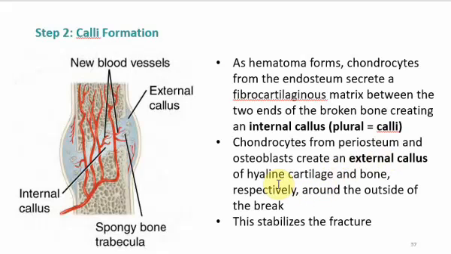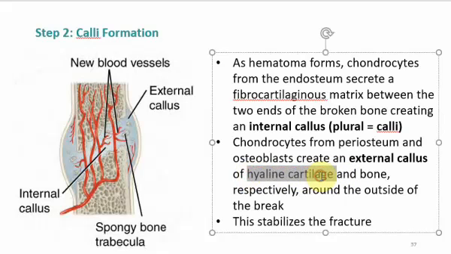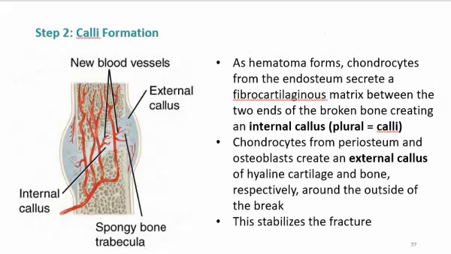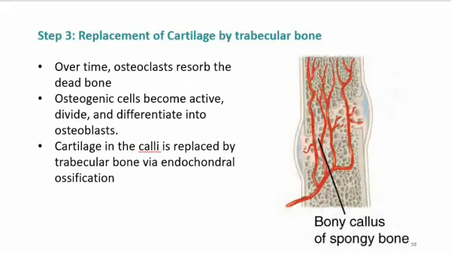Mainly the internal callus is made up of hyaline cartilage, whereas the external callus is made up of bone, okay? Now the formation of the internal and external callus at the end of the day will stabilize the fracture. If the bones were moving against each other, that movement tends to decrease as the internal and external calli form.